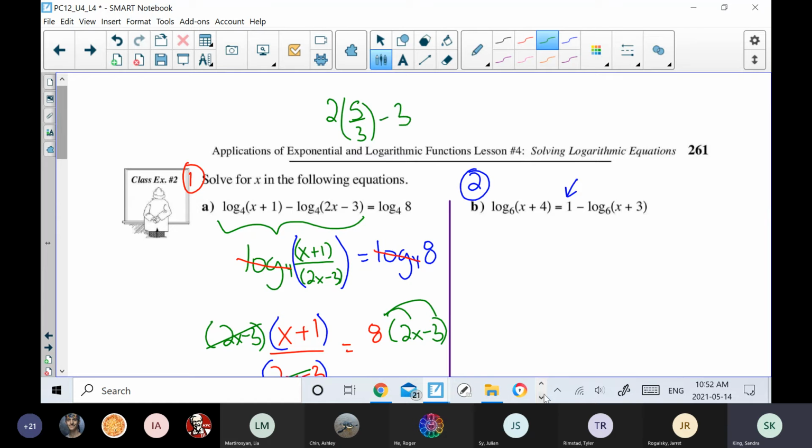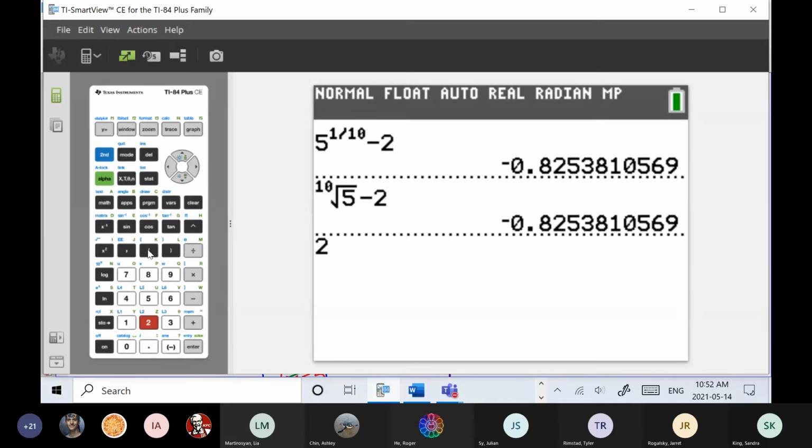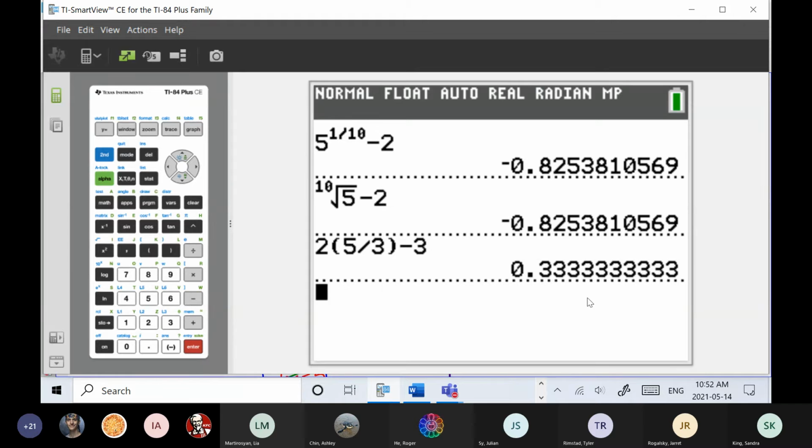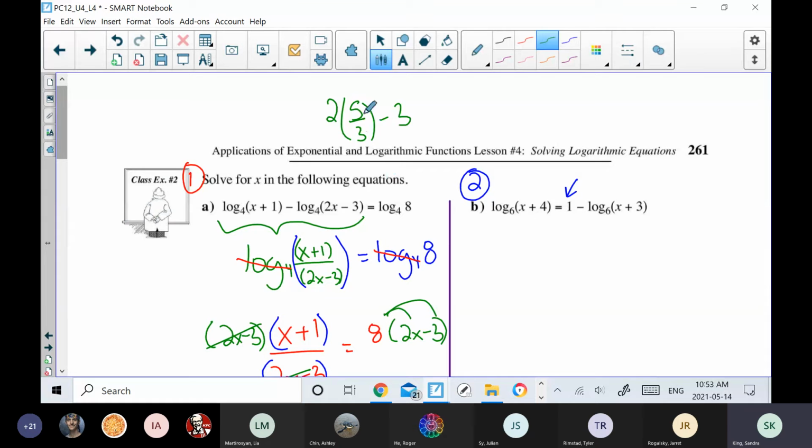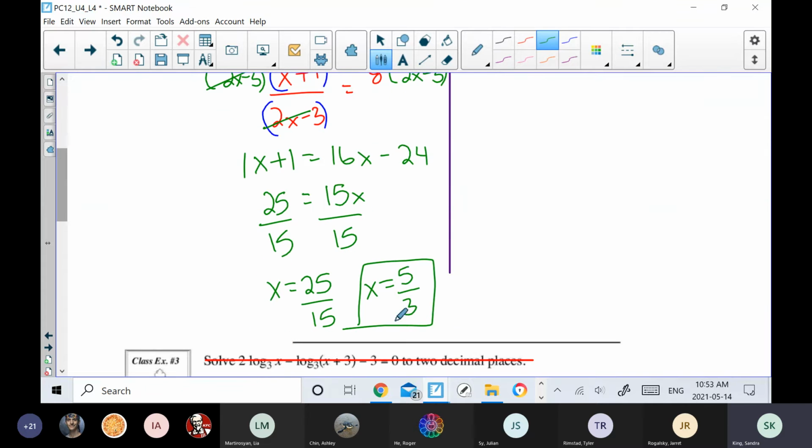Let's just quickly check that one. It gives me a positive number. My argument is positive. So that 5 over 3 satisfies both of these logs, it will not be a negative argument. That means that that is the solution. Okay.